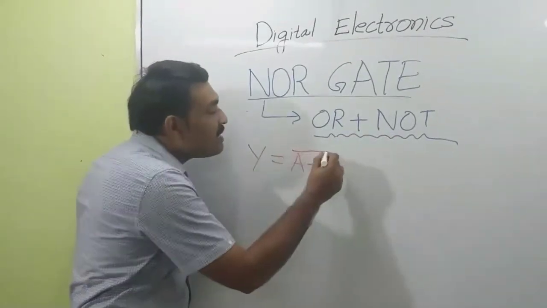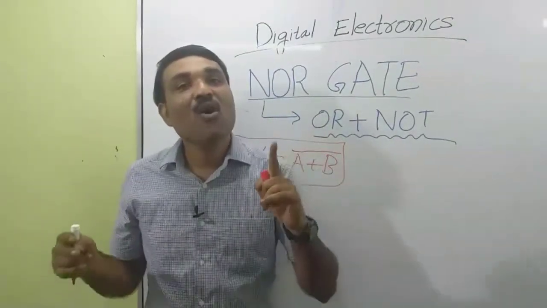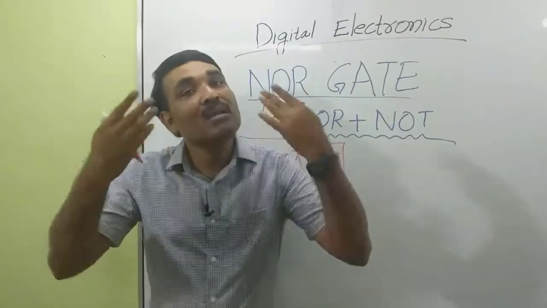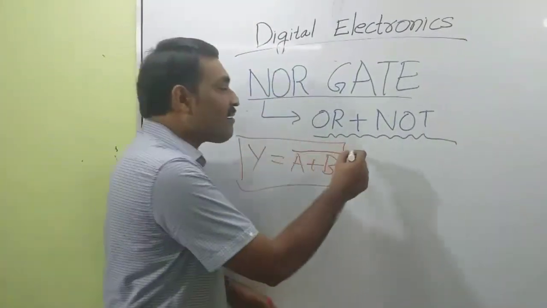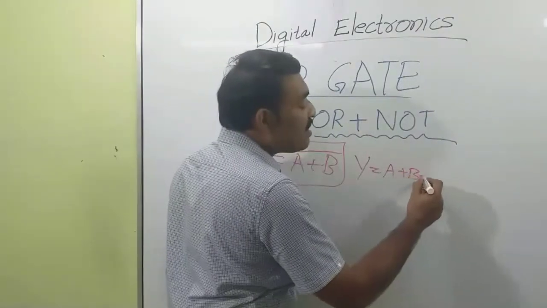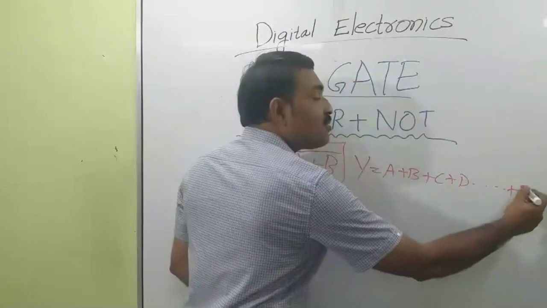So A plus B, the complement. This is the operation of a NOR gate. So for a NOR gate, we have a minimum of two inputs or more than two inputs. So we can write Y is equal to A or B or C or D, and this continues up to Z.